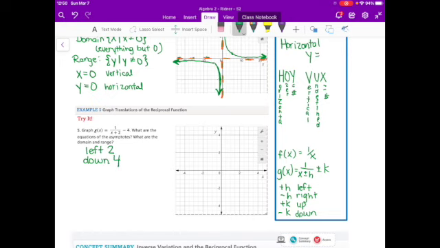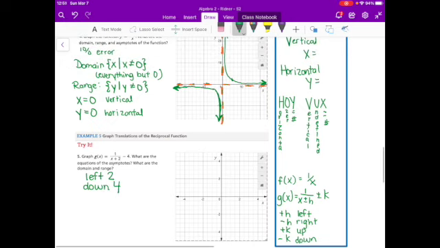So look back at our last example: instead of having my asymptotes at 0, 0, I'm going to go left 2 and down 4 for my new asymptotes. Okay.